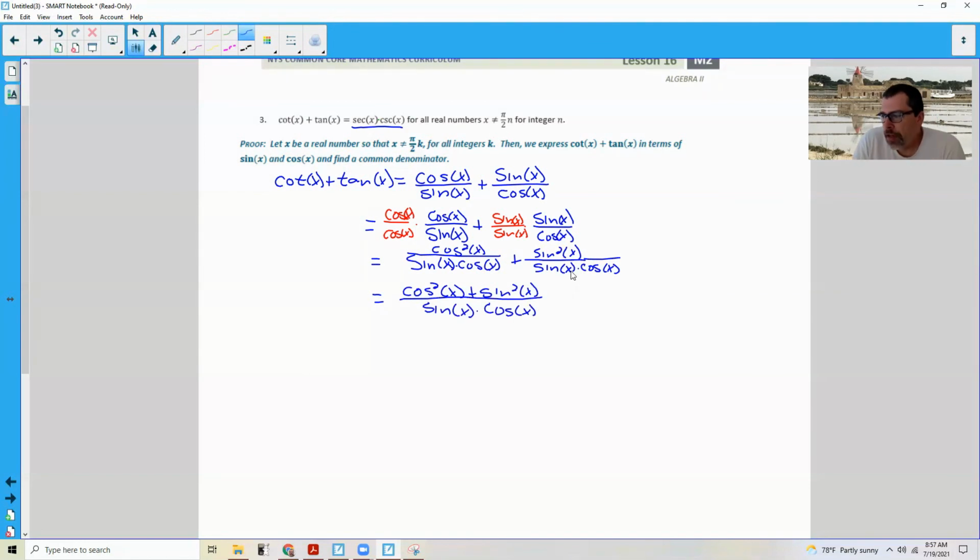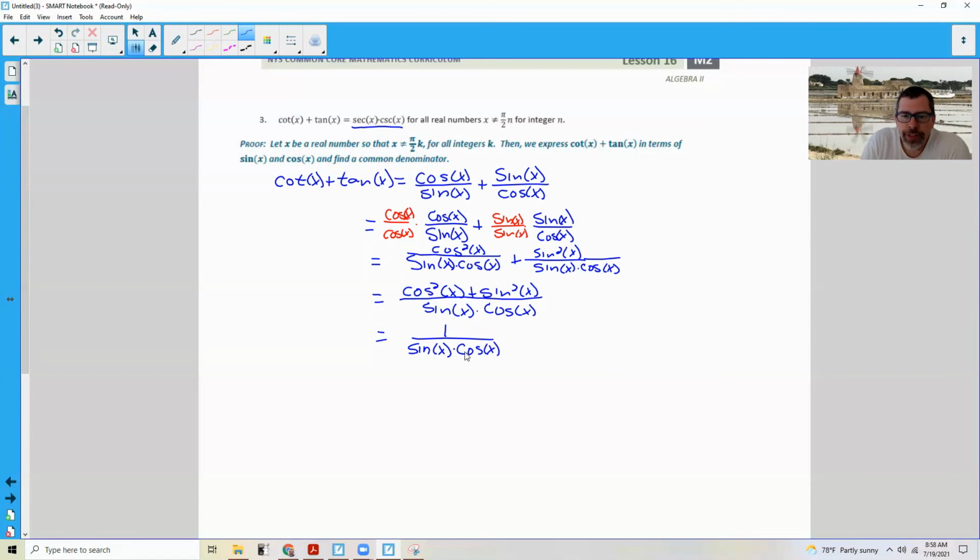All right, so this is the Pythagorean identity: sine squared theta plus cosine squared theta equals 1. And I get 1 over sine x times cosine of x.